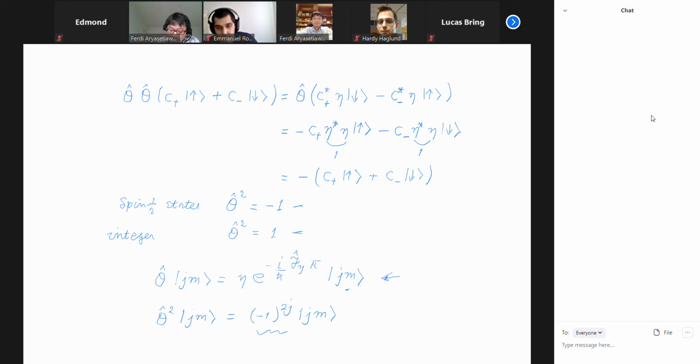It is just a matter of inserting a complete set of angular momentum states along the y direction, and then one can show that this result is true. We have shown this explicitly for spin half and integer spin, but it is also true for any half integer spin, so it could be 3/2 or 5/2 and so on. Then you get the minus sign for those half integer spins.